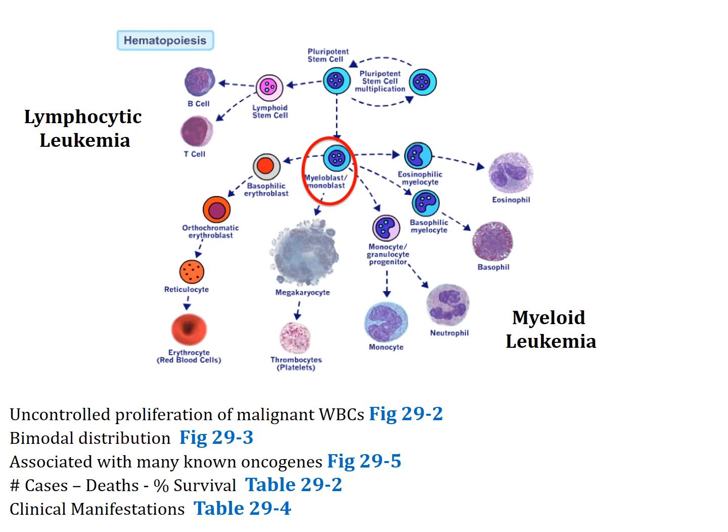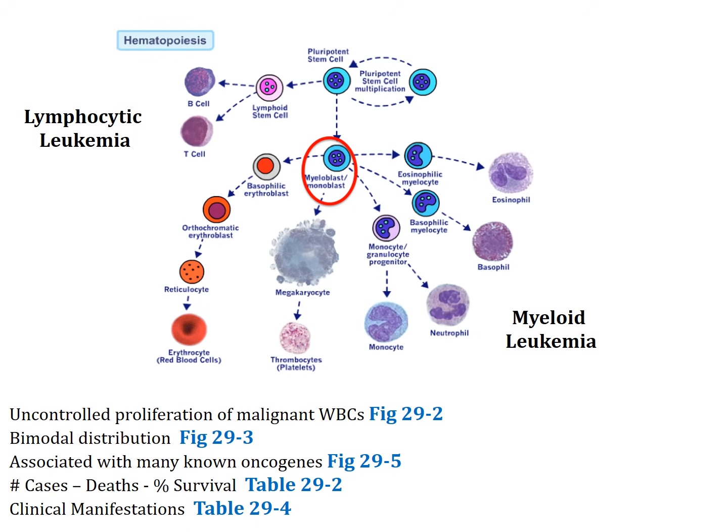The association with oncogenes, there are a number of oncogenes now that are associated with certain types of lymphocytic leukemias and myelocytic leukemias. You can take a look at some of the epidemiology in terms of cases and deaths and individuals who survive. Maybe the most important thing that I want you to take a look at are some of the clinical manifestations of leukemias.